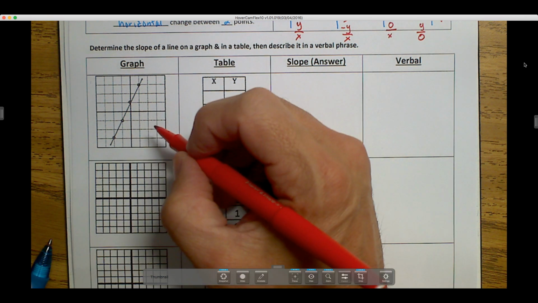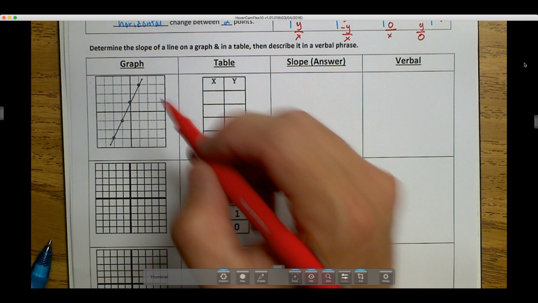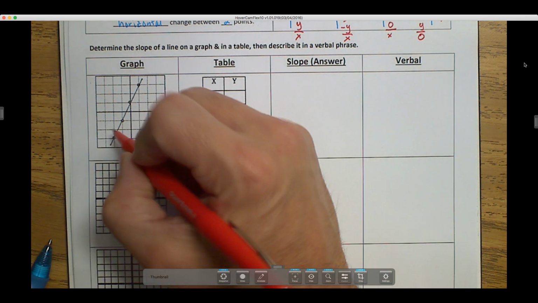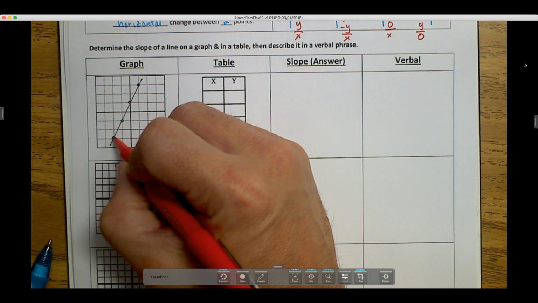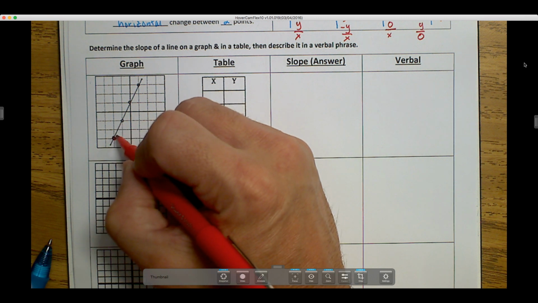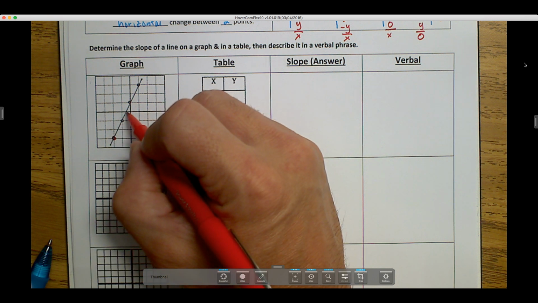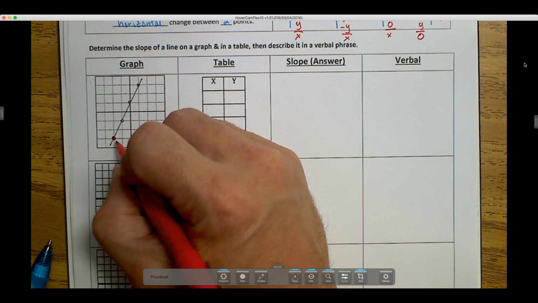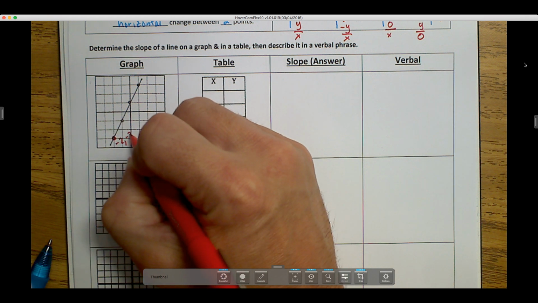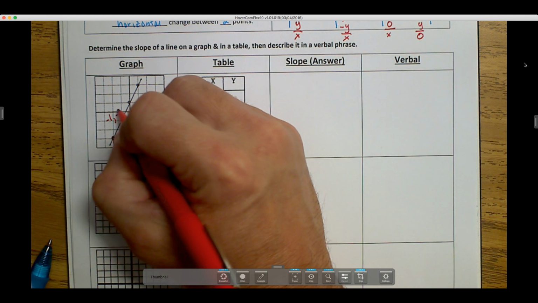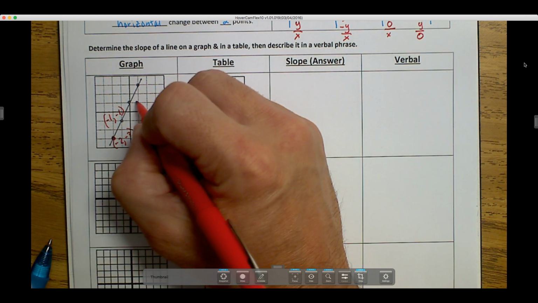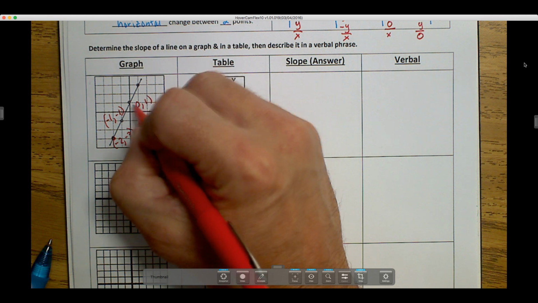The first thing you could do is we're finding the rise over run, or the change in your vertical and horizontals. So I always start with my point on the left. And the point on the left, let's get the coordinates, -2, -3. And then the second point would be -1, -1. The third point would be 0, 1.